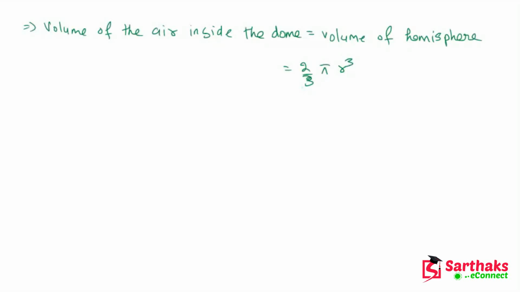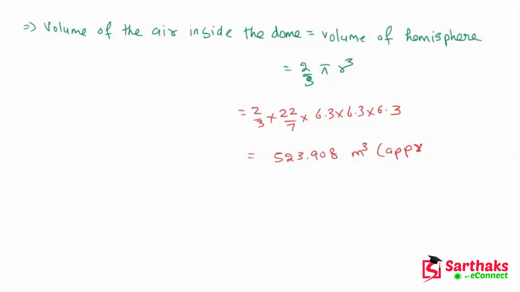Got it? So 2 upon 3 into 22 upon 7 into 6.3 into 6.3 into 6.3. After solving this we get 523.908 meter cube. So this is the approximate answer. Okay, so this is the answer of this part.